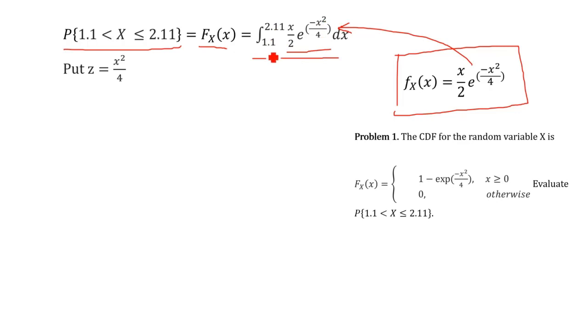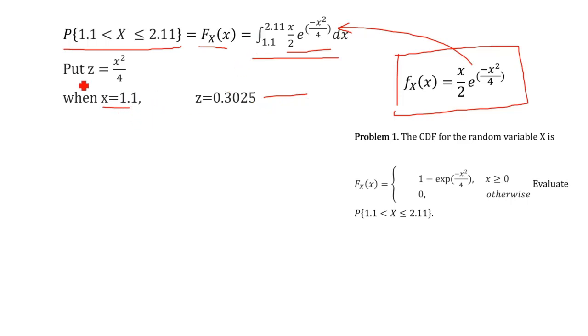Then the limits will change. When x equals 1.1, what would be the value of z? Put x equals 1.1, whole square, divided by 4. Simplifying, we get 0.3025. Everyone should make use of a calculator and cross verify the result.